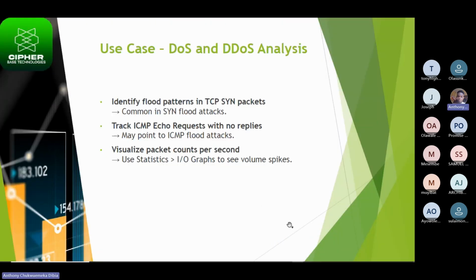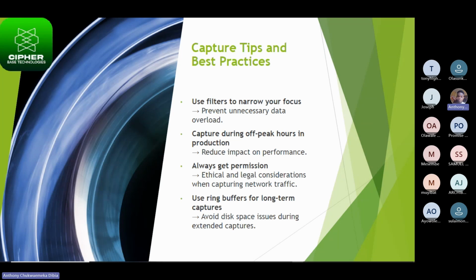All right. So capture tips and best practices. Use filters to narrow your focus. This prevents unnecessary data overload. That is, you can filter out packets using different protocols or IP addresses to know exactly what you are looking for. Probably there's an IP address that looks suspicious.